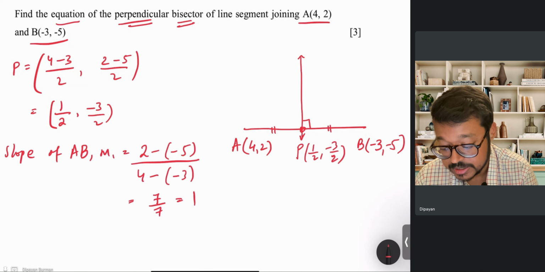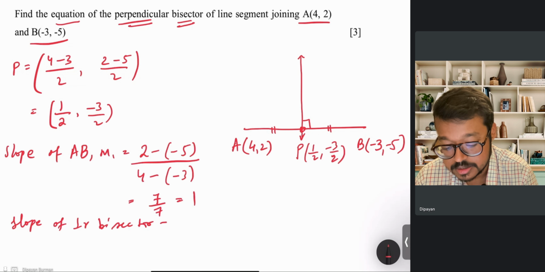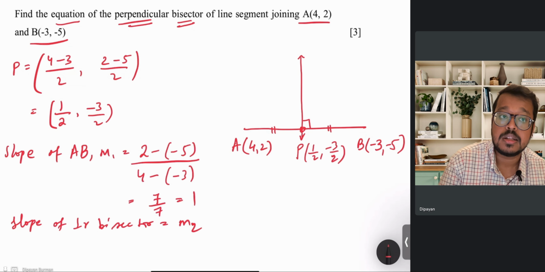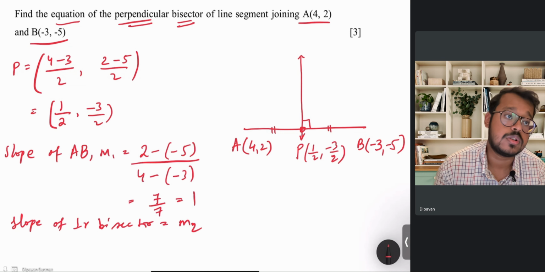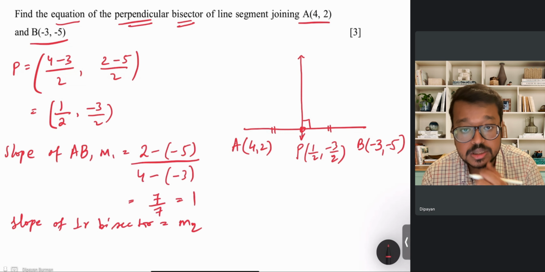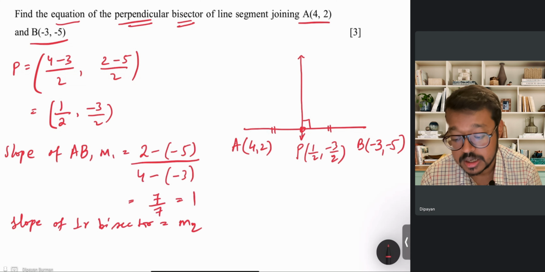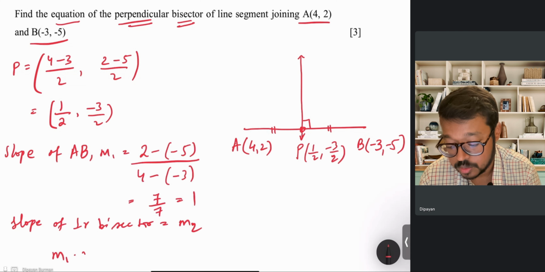And suppose I say slope of the perpendicular bisector is M2, and I know that AB and the perpendicular bisector are of course perpendicular. So the product of slopes of any two perpendicular lines is always minus 1. So we know M1 into M2 will be minus 1.